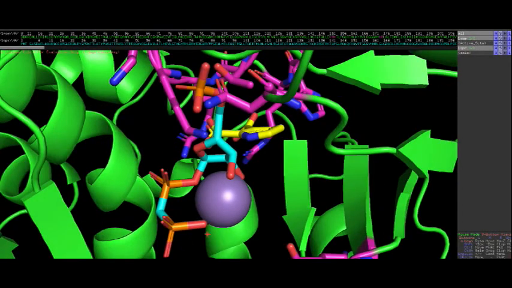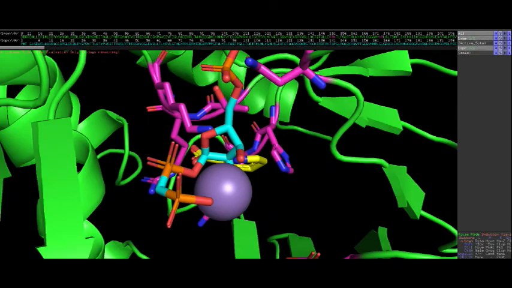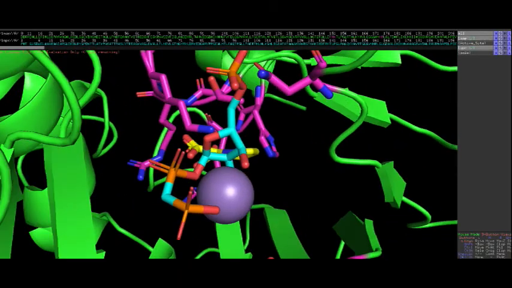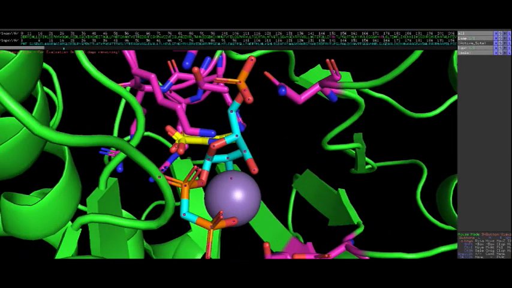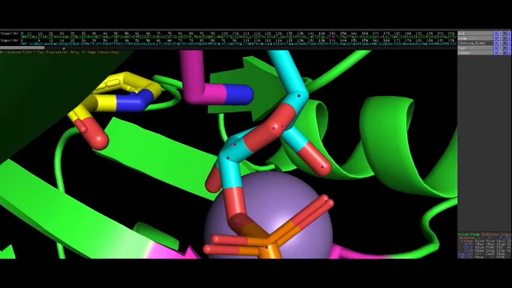We can see that there are the phosphates here, and this one right here is adding onto the carbon in the ring structure right there. So we can see that this nitrogen goes to this carbon here.